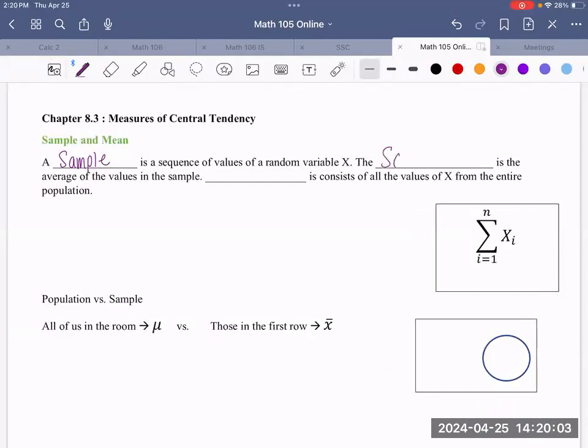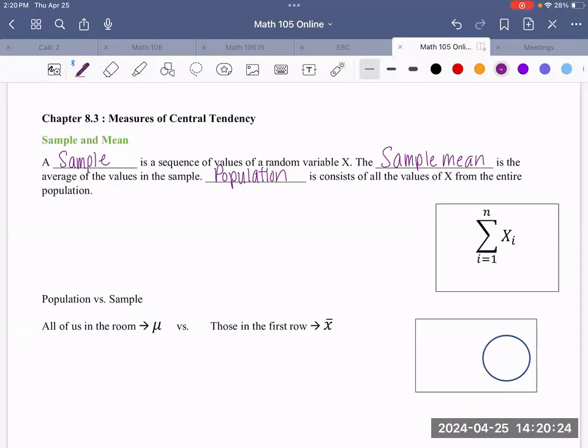Now, the sample mean is the average of the values in the sample, whereas the population mean consists of all the values of x from the entire population.